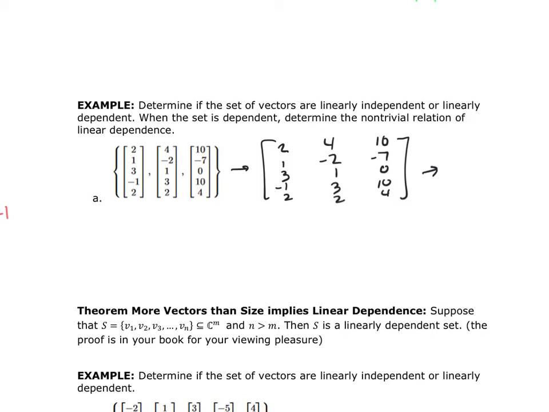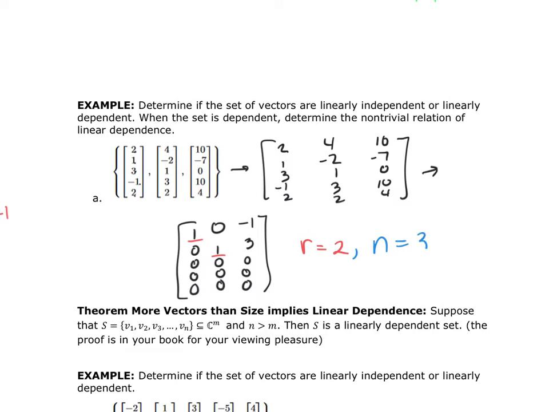Reduced row echelon form gives me the 1, 0, 0, 0, 1, 2, 3, 4, 5. And then I have 0, 1, 0, 0, 0. My last column is negative 3, and I can stop right there because I can tell you that that is a non-pivot column. So my R is 2, 2 pivot columns. The number of columns I have is 3, and so we know since N is larger than R, we are dependent by my previous theorem.